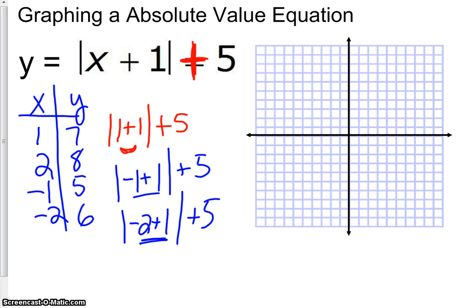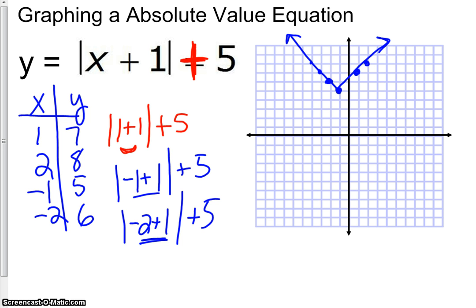So what it looks like turns out to be here: 1, 7, 2, 8, -1, 5, -2, 6. And really what it actually will look like is something like this.